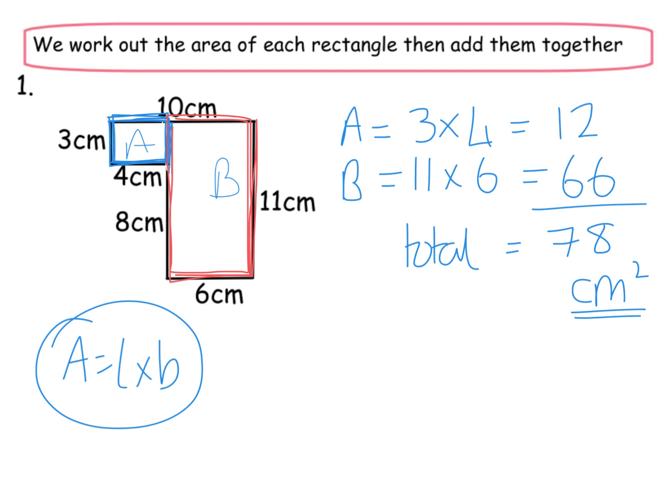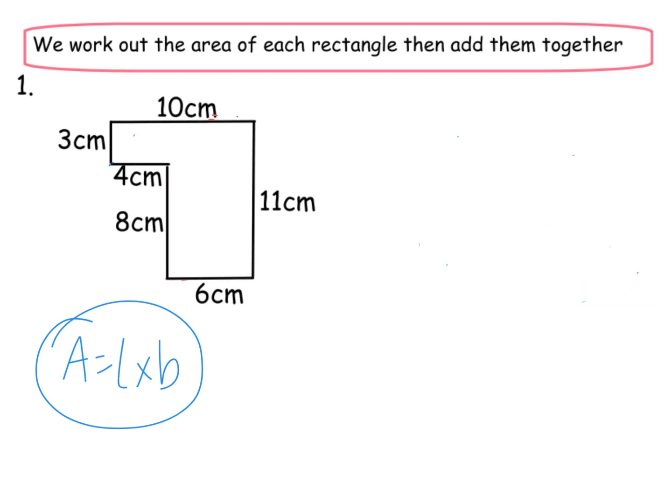Sometimes I like to prove that I could have split it the other way and get the exact same answer. So I'm very quickly going to split it this way, just to prove to you that it was the same. I'll call this one A and this one B. Area A this time is 3 by 10, so 3 times 10, which is 30.